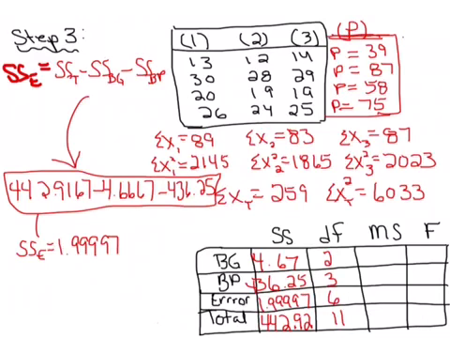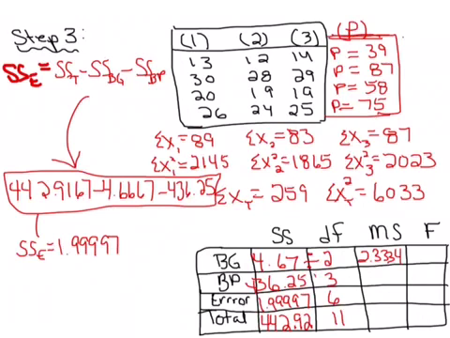Now we have everything we need to get our mean squares. So I just put basically like a division symbol here. We're going to divide across. 4.67 divided by 2 is 2.3334.